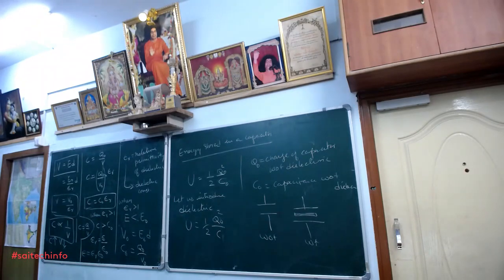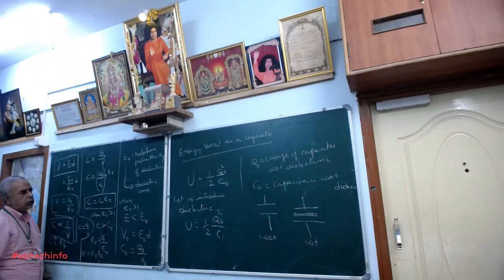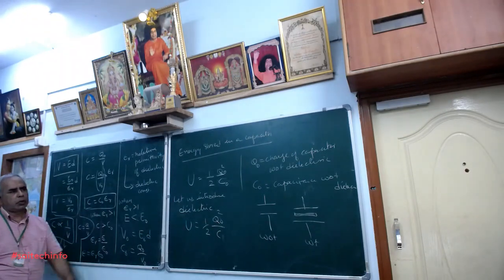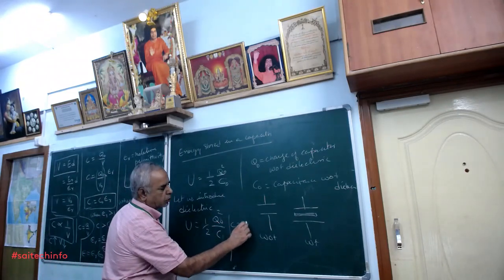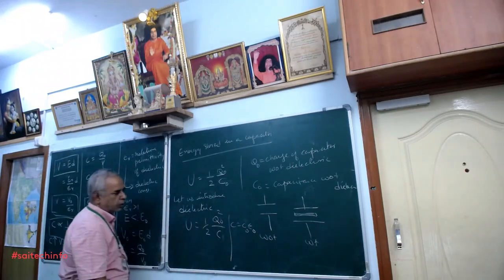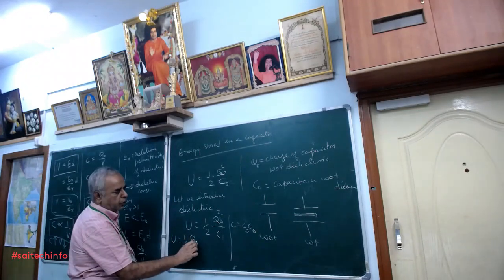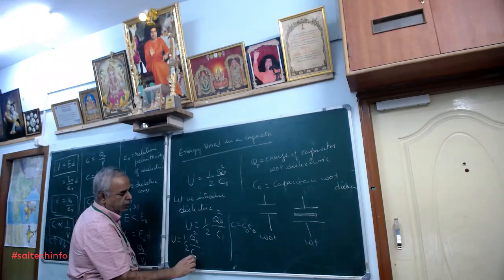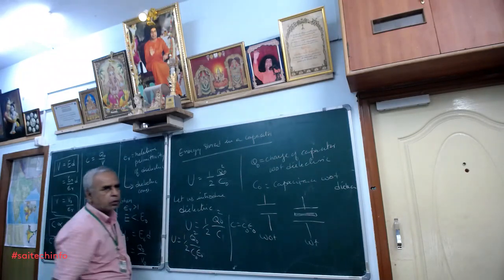And we already know C is equal to, we have got this equation, C is equal to C naught into epsilon R. So we can introduce this. Therefore, U is equal to 1 by 2 Q naught square divided by C naught into epsilon R. So what is C naught?